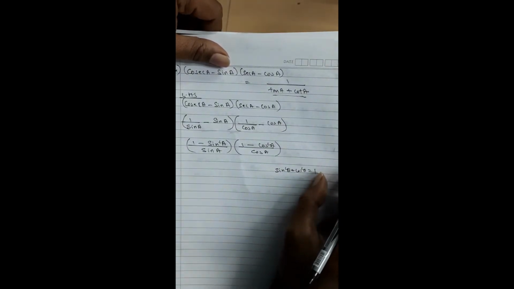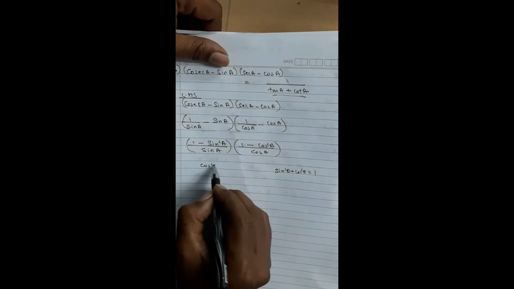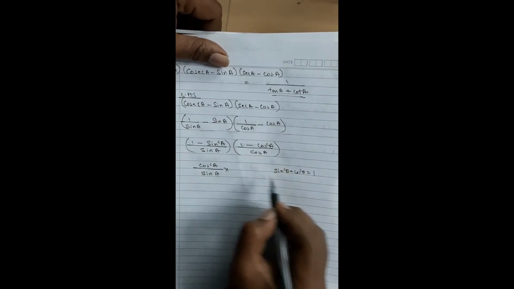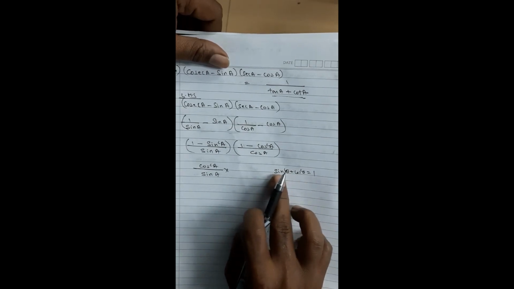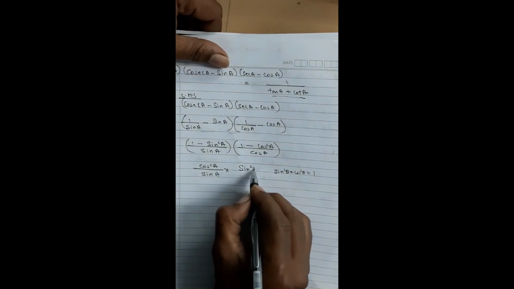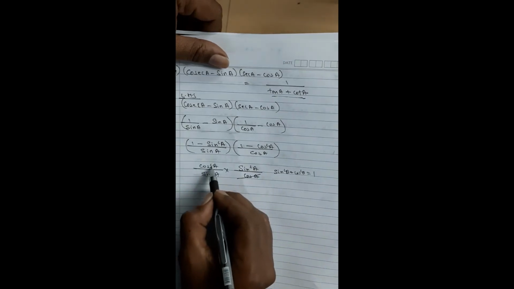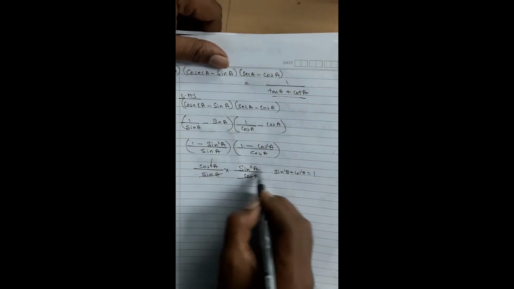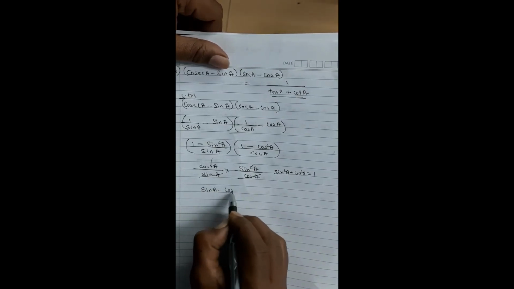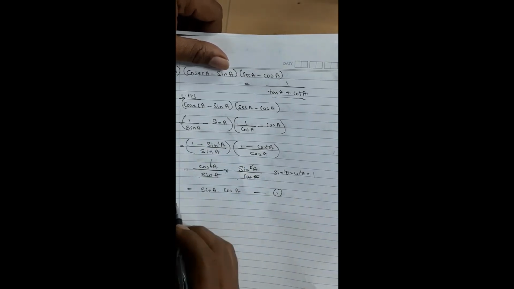Therefore 1 minus sin square theta is equal to cos square a upon sin a. Similarly 1 minus cos square theta will be equal to sin square a upon cos a. Now there are 2 cos's, 1 will go. Here there are 2 sin a, 1 will go. What I get is sin a into cos a. This will be our LHS.